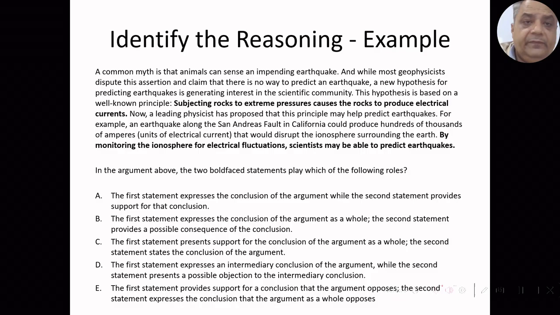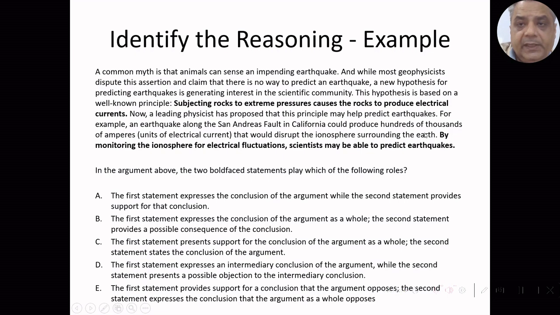Now, in the further statement, it says, now a leading physicist has proposed that this principle may help predict earthquakes. For example, an earthquake along the San Andreas Fault in California could produce hundreds of thousands of amperes, units of electrical current, that would disrupt the ionosphere surrounding the Earth.